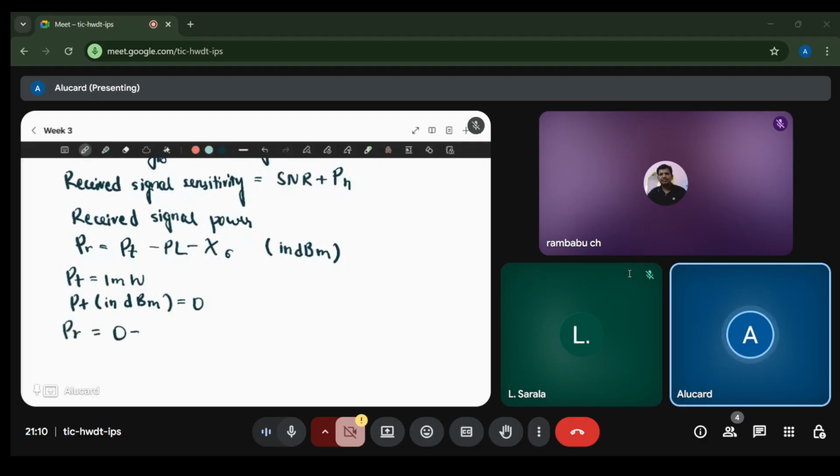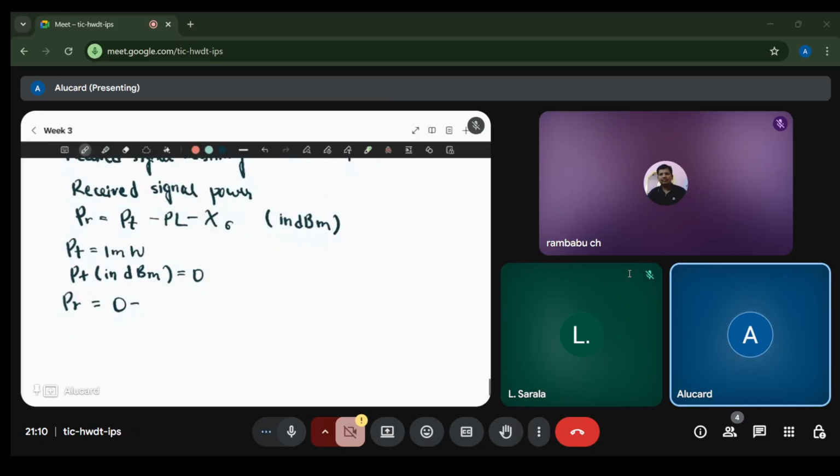Here it is 0 minus the path loss, which is 10 log to the base 10 of (4 pi d over lambda) squared. Lambda is C over F, which is 3 into 10 power 8 divided by 2 gigahertz.